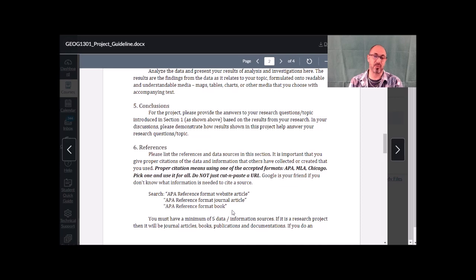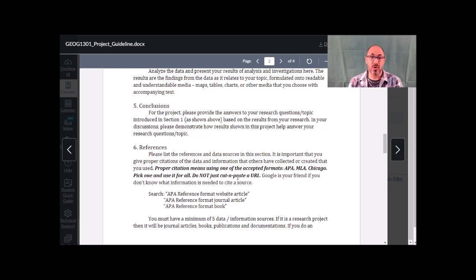And that goes in your references section. Okay? Please use proper citation. You can pick any one, but use it consistently throughout all of your references. You can use APA, MLA, Chicago. I'm not picky, but use one and stick to that format.